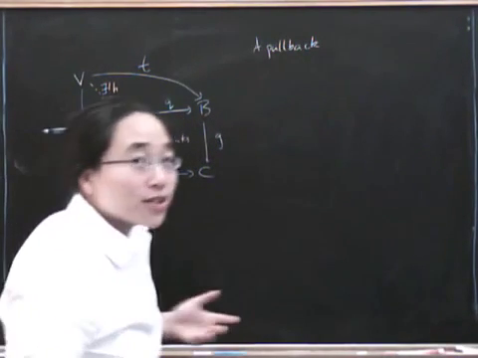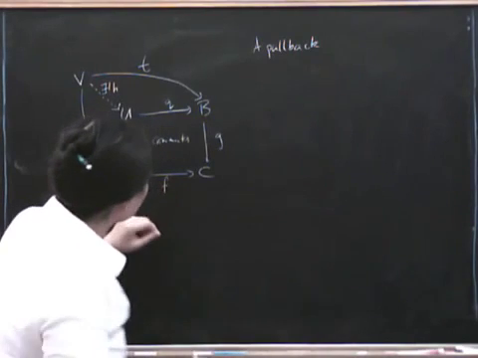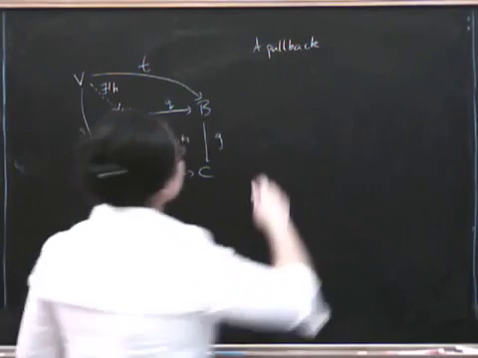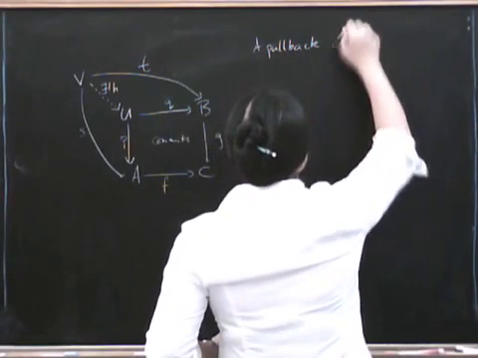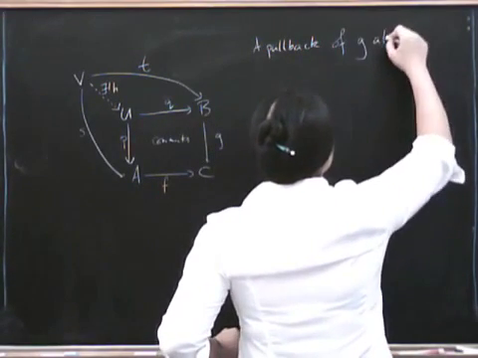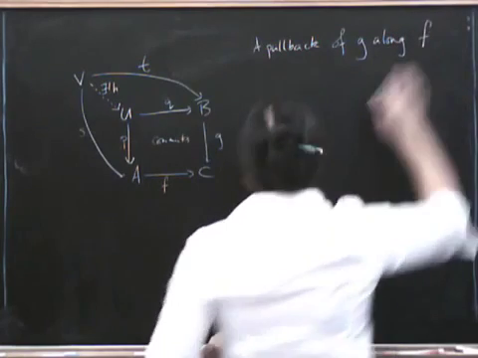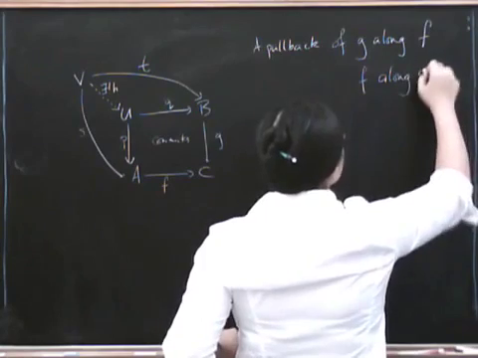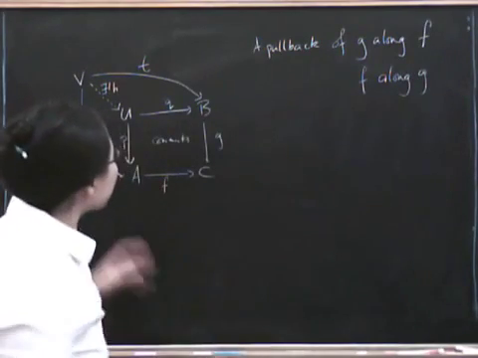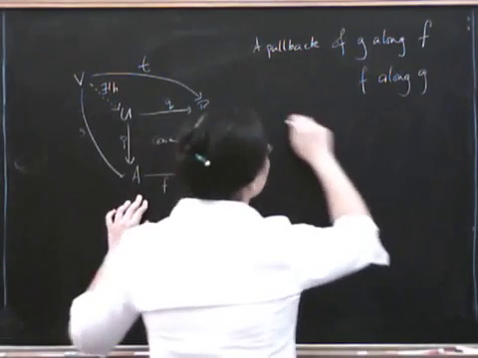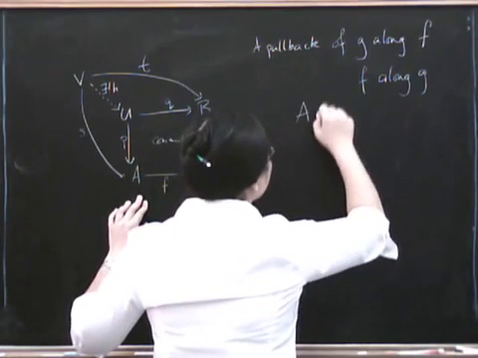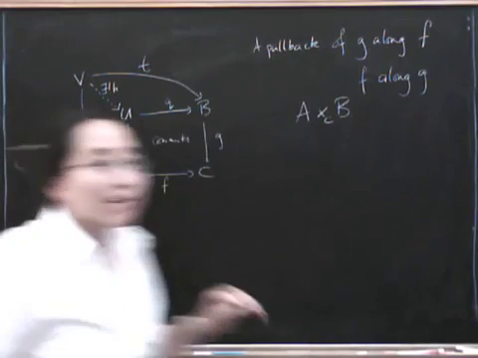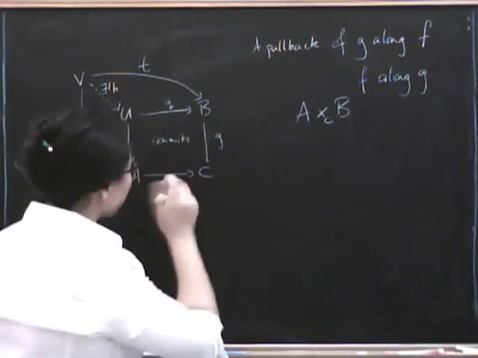Of course, there's some symmetry in this definition, so you can also think of this as F being pulled back along G. It's also a pullback of F along G by symmetry. We sometimes also write it like this: A cross B over C, and I'll explain a bit more where that notation comes from in a second.